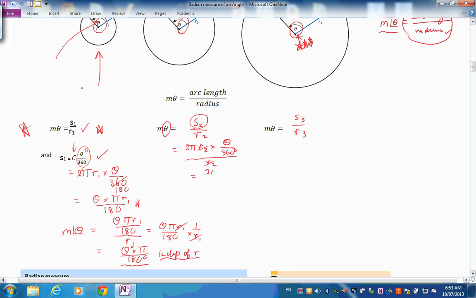We've got 2 pi theta over 360, which is 180 there. So theta in this new measure, the new measure of arc length over radius, is your old measure, theta in degrees, times pi over 180 again.